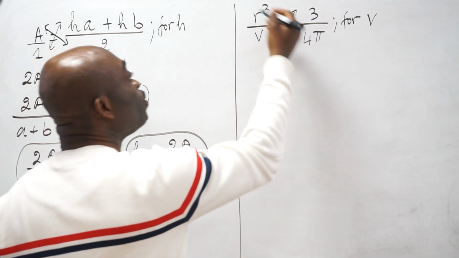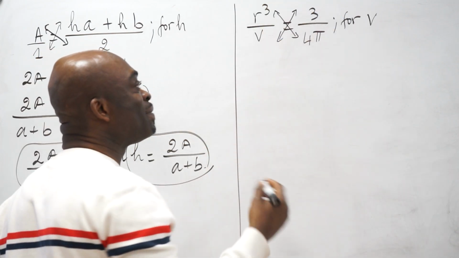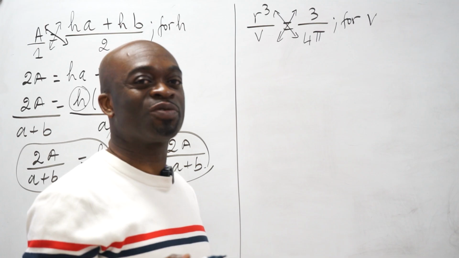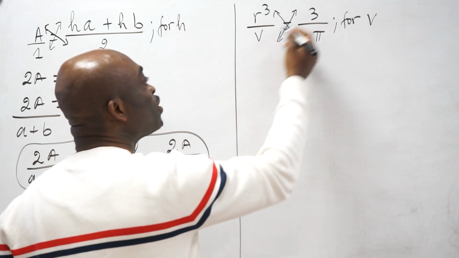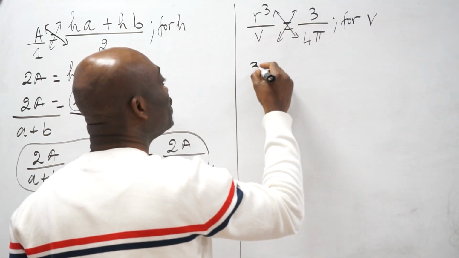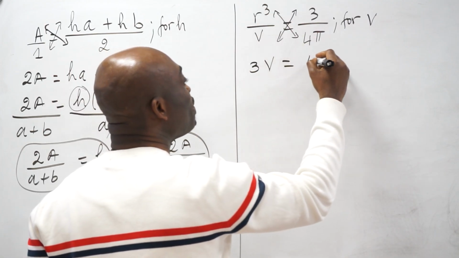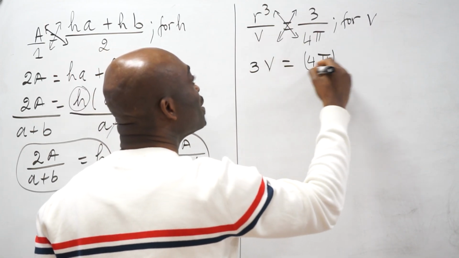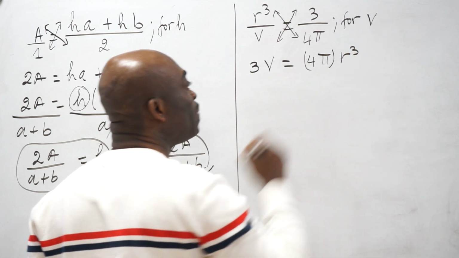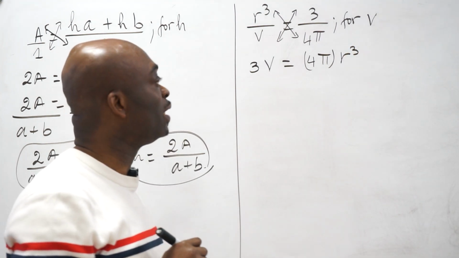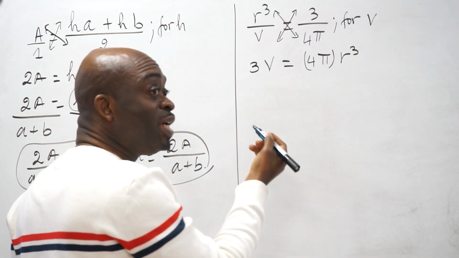A lot of times it doesn't matter which one you put first. So you can do 3 times v, which is 3v, equals 4 pi times r to the third power. And what are we solving for? v.